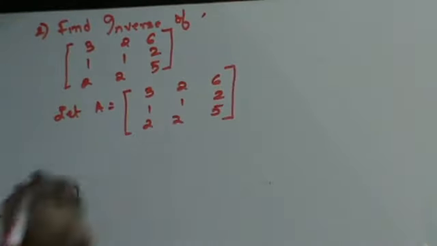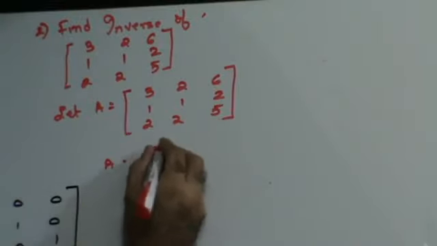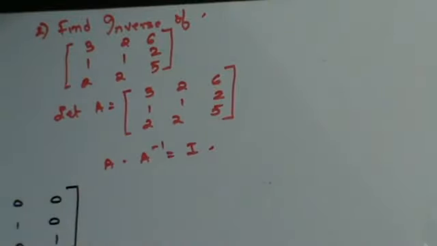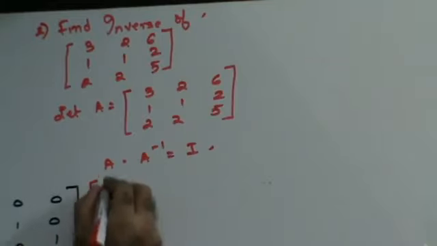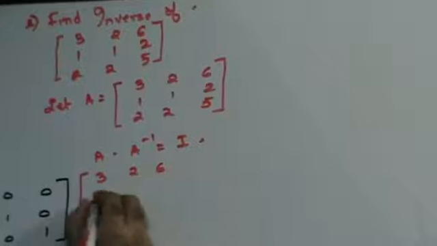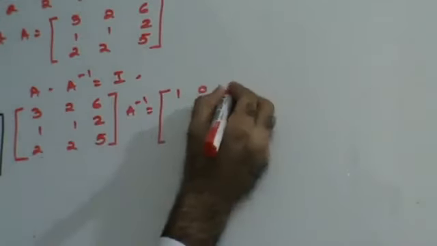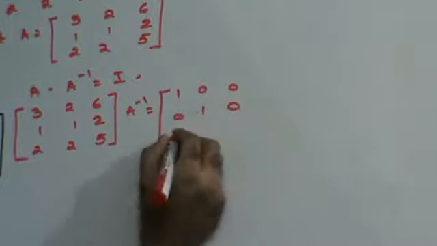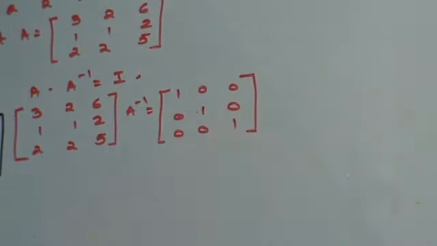Right? Then I can say A into A inverse is I. Now this can be written as 326, 112, 225 into A inverse is I, 100, 010, 001.